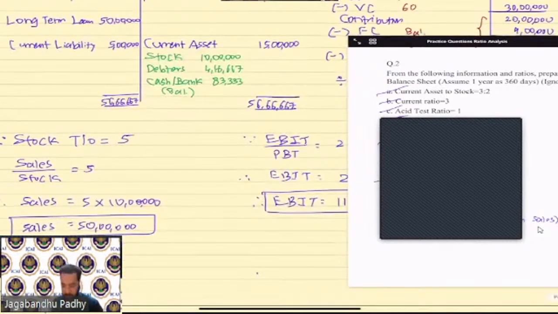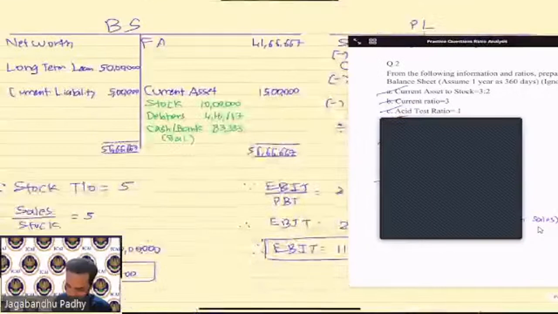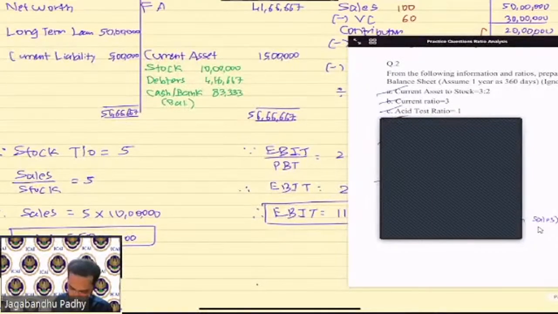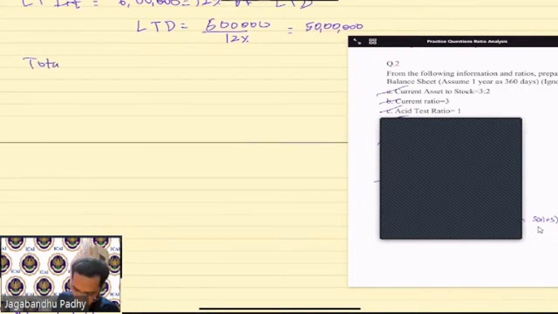We definitely know that this is possibly not the total, because we might be having something else also, right?